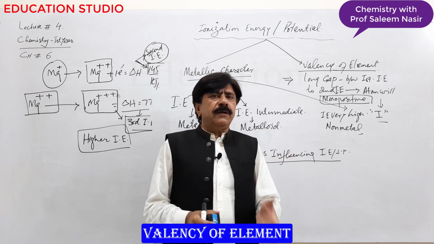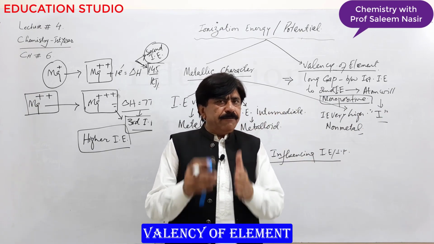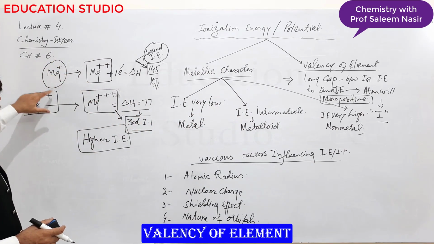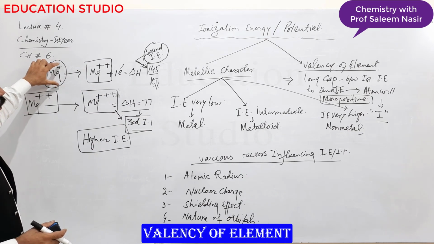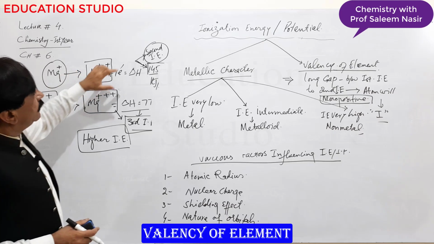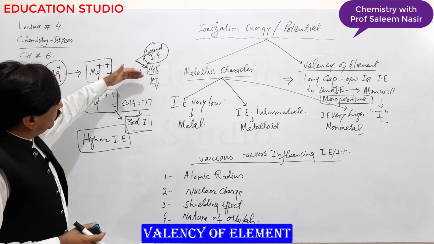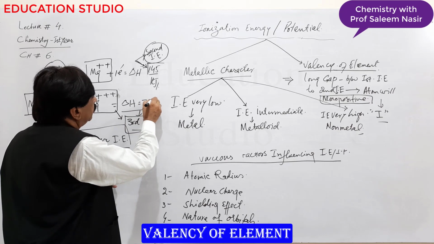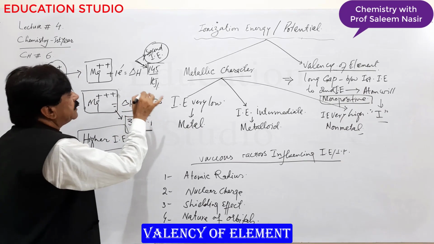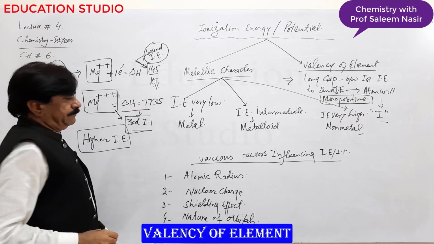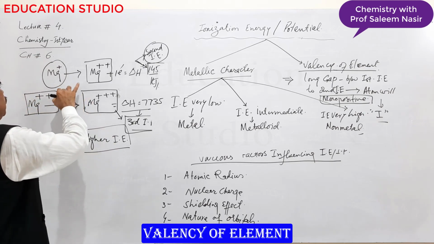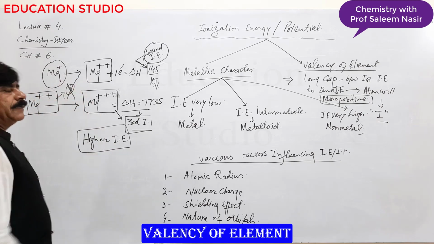It depends upon the gap of those values. For magnesium, there is a long gap at the third ionization energy, which is 7735 kilojoules, so it is not possible that magnesium has a valency of 3.